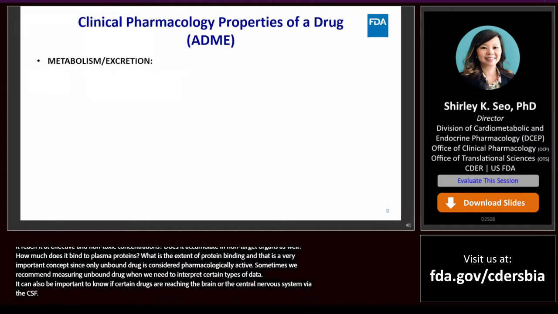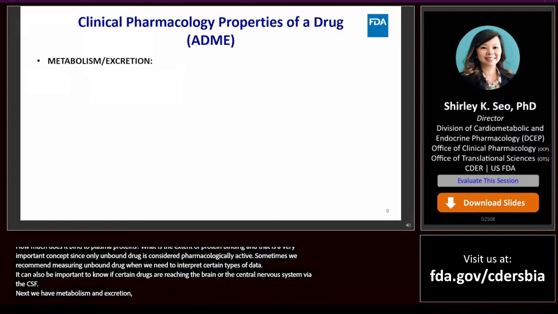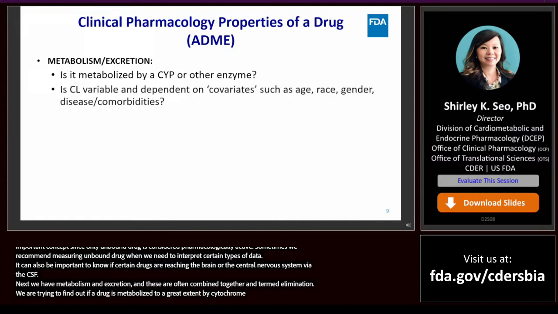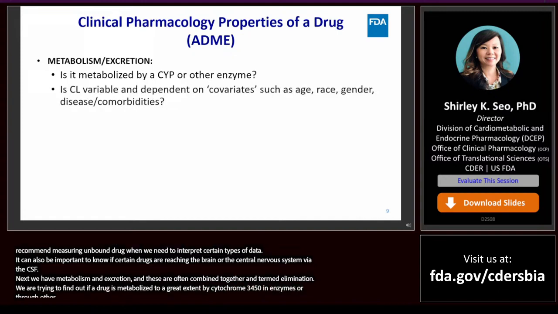Next, we have metabolism and excretion, and these are often combined together in termed elimination. We are trying to find out if a drug is metabolized to a great extent by cytochrome P450 enzymes or through other enzymes. Is the clearance highly variable?